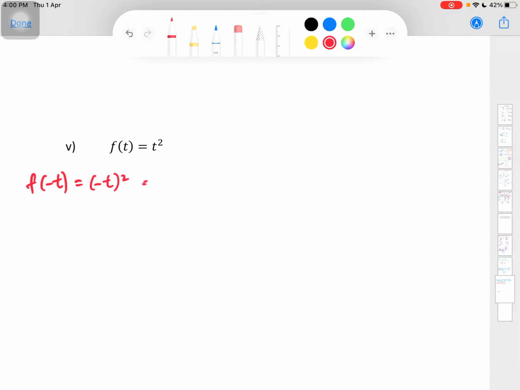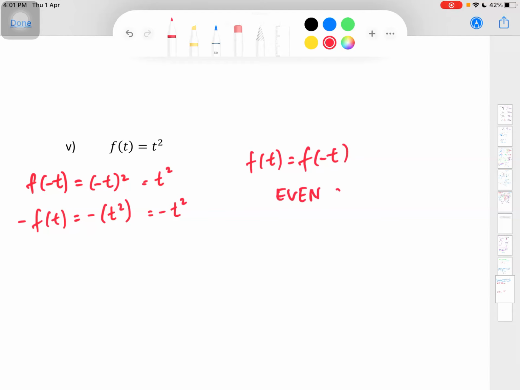Now a negative value, if we raise it to the power of an even number, it will give us a positive value. Minus f of t is minus of t square, so it will be minus t square. So from here we can see that f of t is equal to f of minus t. So in this case we have an even signal.